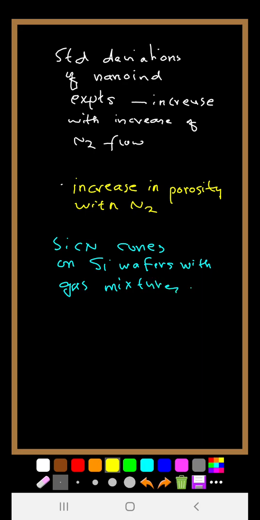So these gas mixtures were methane, CH4, SiH4, argon, hydrogen, nitrogen.